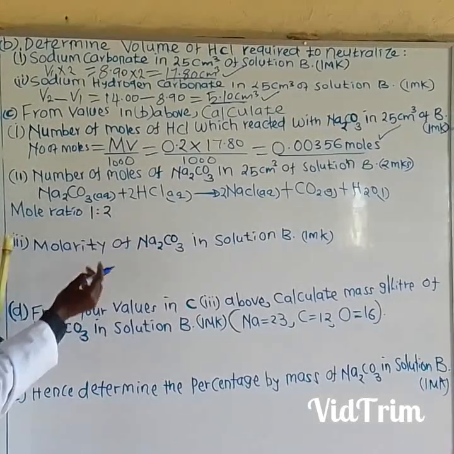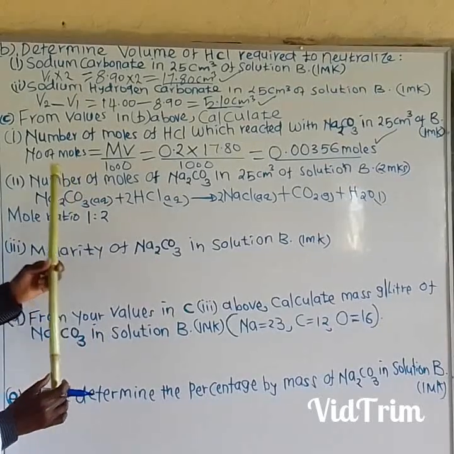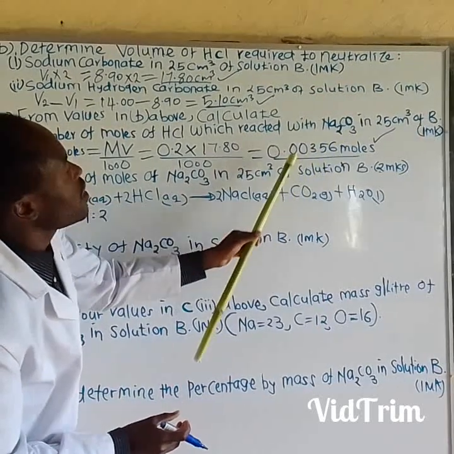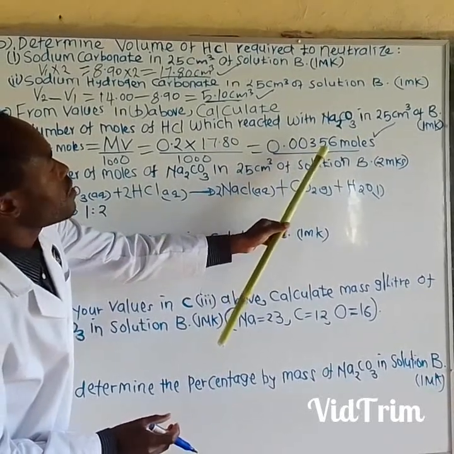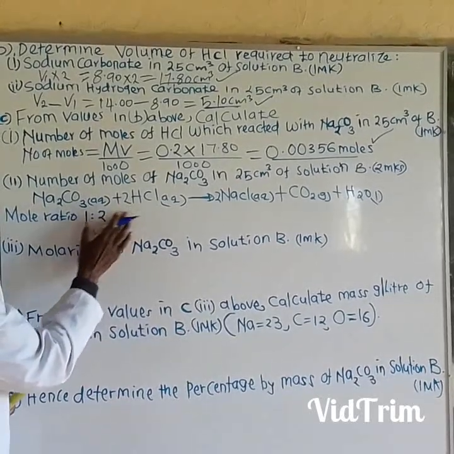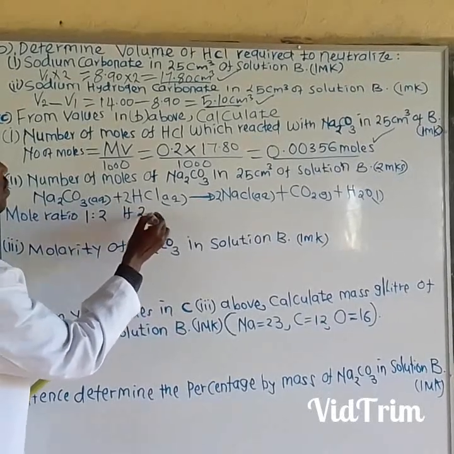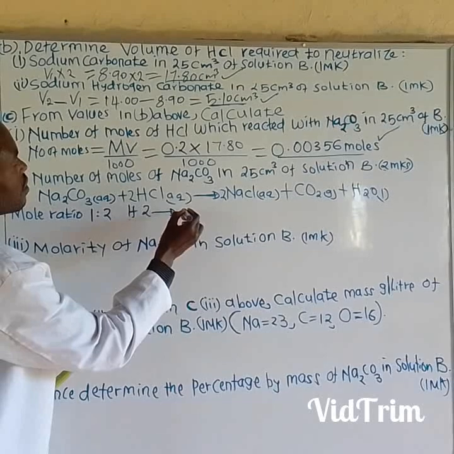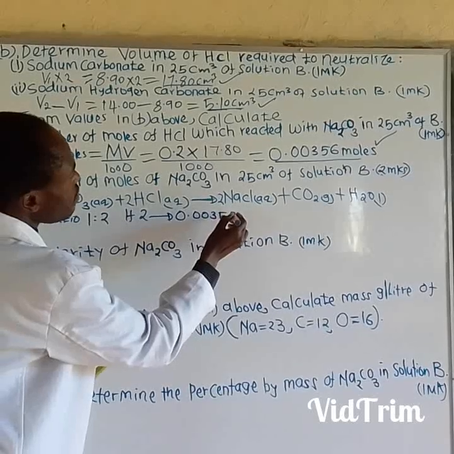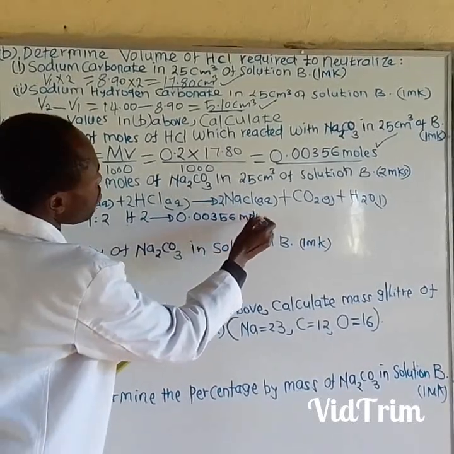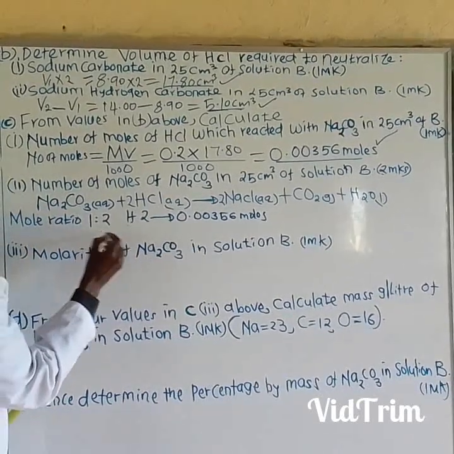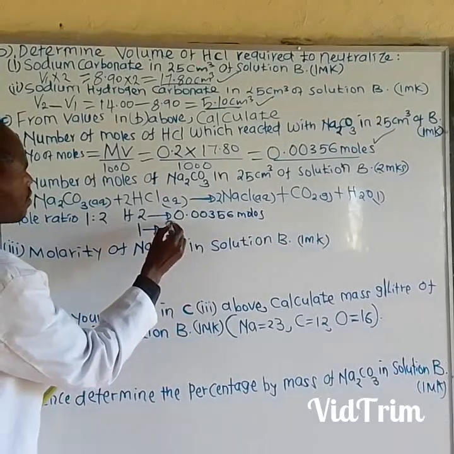So this 2 is for the acid, and we found that the number of moles of hydrochloric acid which reacted with sodium carbonate is 0.00356 moles. So if 2 gives us 0.00356 moles, what about the carbonate, which has ratio 1?